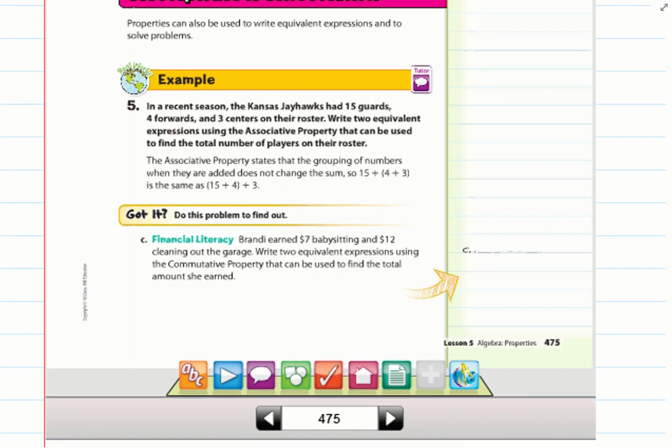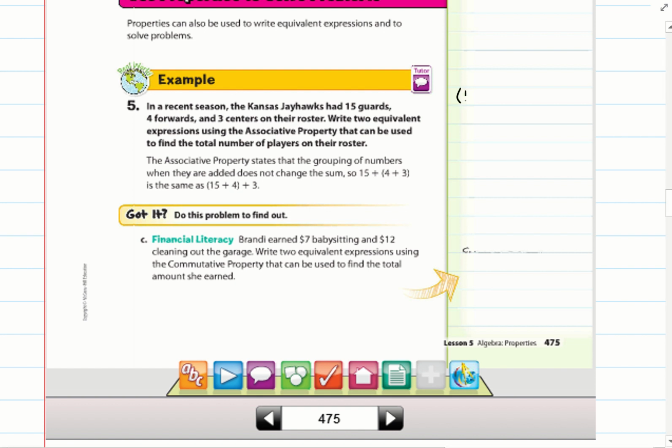This is example 5. In a recent season, the Kansas Jayhawks had 15 guards, 4 forwards, and 3 centers on the roster. Write 2 equivalent expressions using the associative property that can be used to find the total number of players on the roster. So if it's the associative, that means grouped, so automatically that's going to tell me to use parentheses.